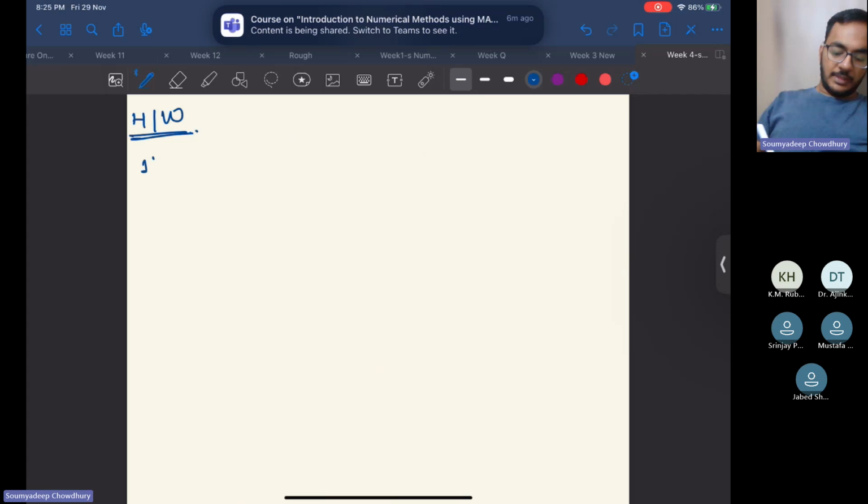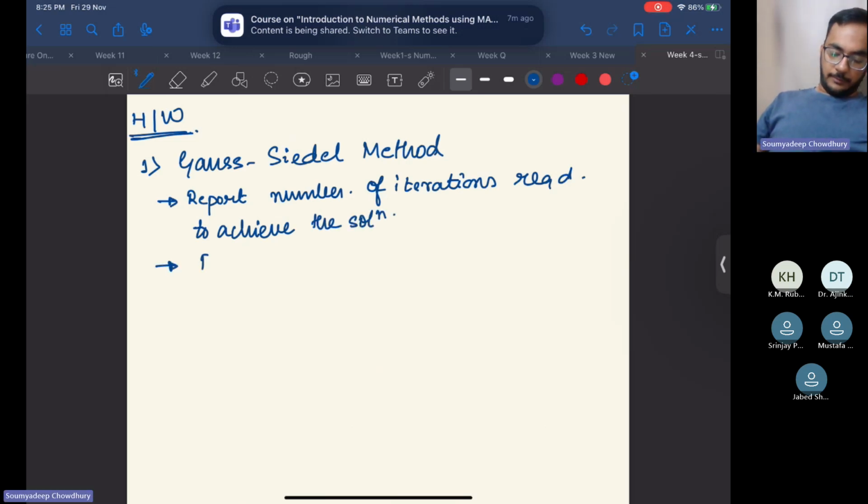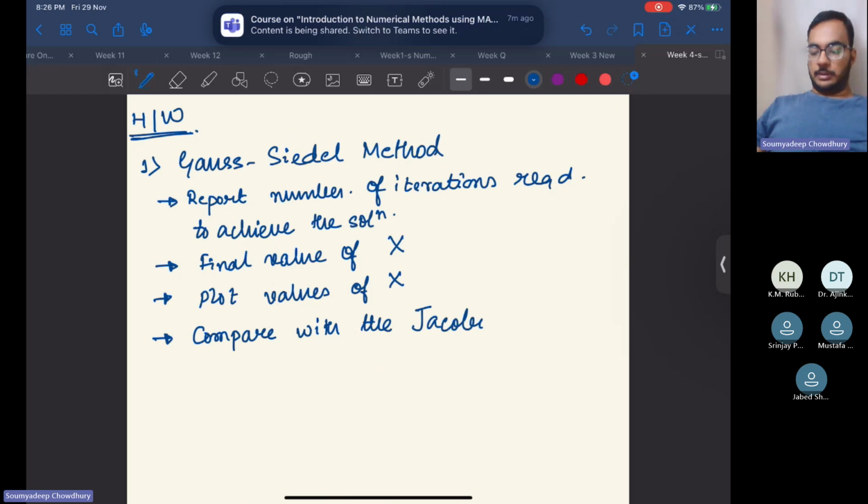So what are the homeworks? First is the Gauss-Seidel method. What you have to do in the Gauss-Seidel method is report the number of iterations required to achieve the solution and the final value of the X matrix, and you have to plot the values of X. Also, you have to compare with the Jacobi method.